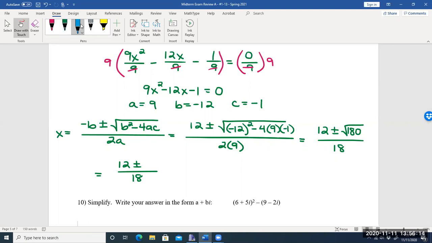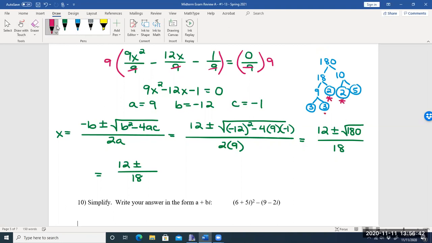I'll show it up here. So 180, let's see, 180 is 18 times 10, and 18 is 9 times 2, and 9 is 3 times 3, and 10 is 2 times 5. So it looks like I've got a pair of 2's, and so I can bring a 2 in front.